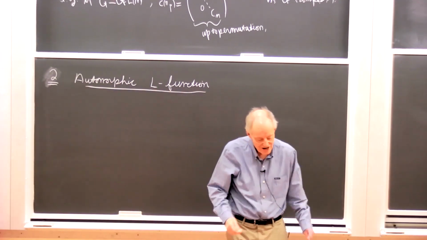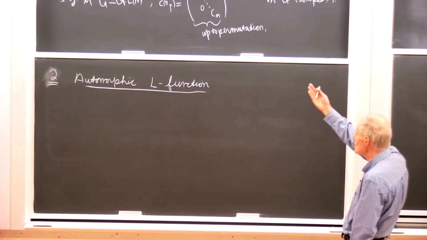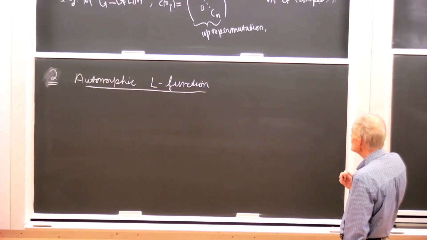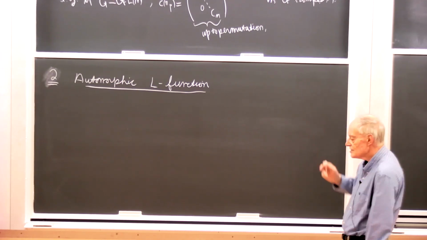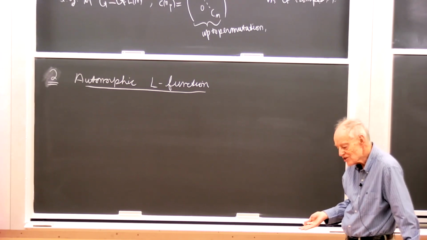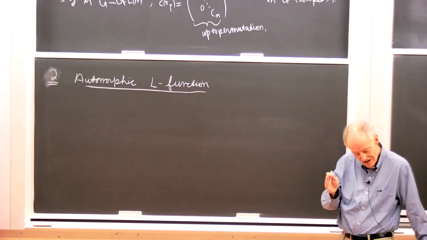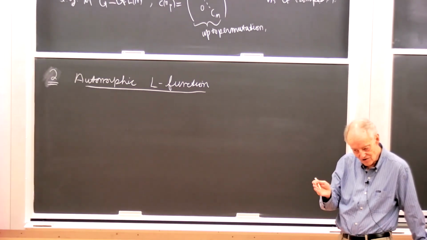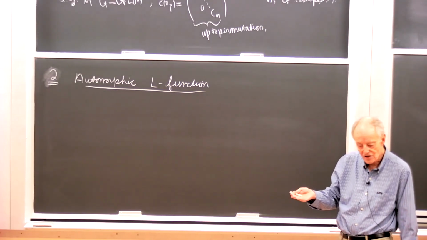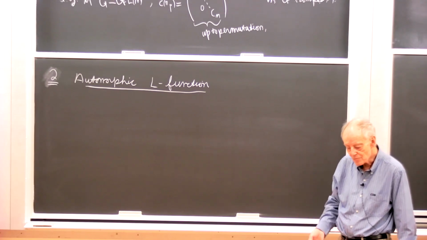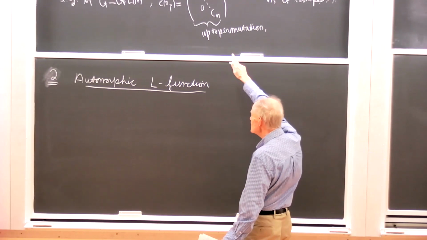If you have a split group and you have an automorphic representation, then you've got a family of conjugacy classes in the dual group. Now, in the case of GLN, the dual group is just GLN, and you really want a set of conjugacy classes in a general linear group to be able to mimic the definition that we had for an Artin L function, namely an Euler product built out of characteristic polynomials of these things.